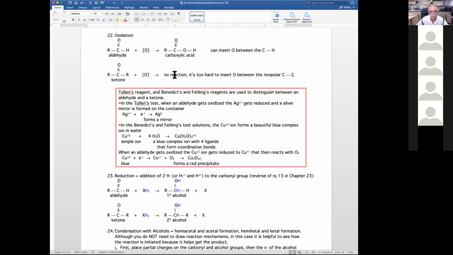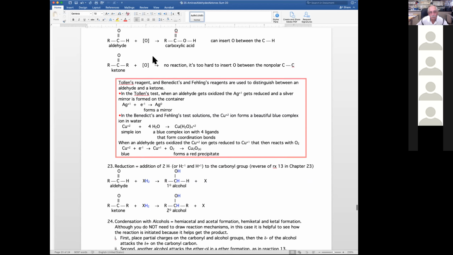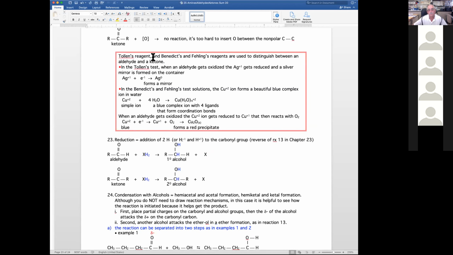Oftentimes in the lab, you're trying to figure out, okay, I see the carbonyl group, usually from infrared spectroscopy, but is it an aldehyde or a ketone? Well, then we do either the Tollens, Benedict's, or Fehling's test. I just thought I would show this to you because it's kind of interesting.